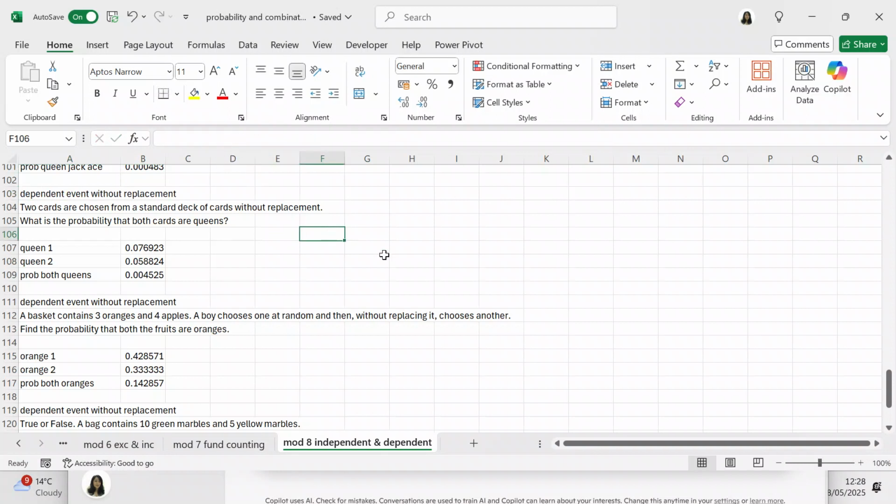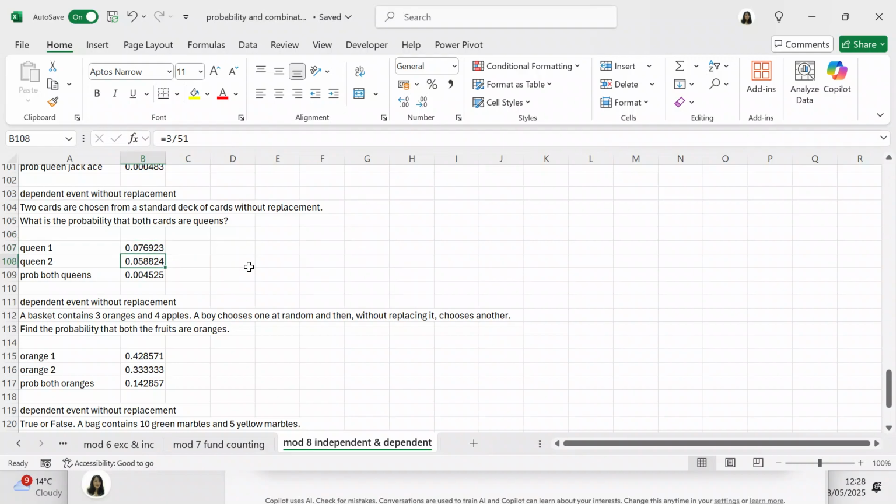Without replacement. 2 cards are chosen from a standard deck of cards without replacement. What is the probability that both cards are queens? So the probability of the first queen is 4 divided by 52 because there's 4 queens in a deck of cards.